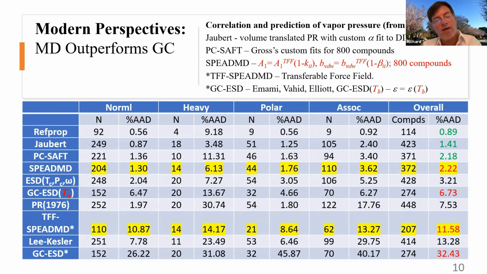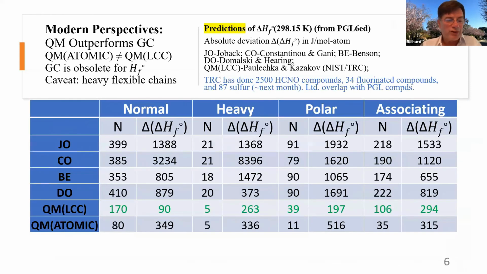And another part of the problem is, if you look at the database, we've only got about 480 compounds here in the database that we're comparing equations of state with. Whereas with the boiling temperature comparisons, we've got 4,000 compounds.